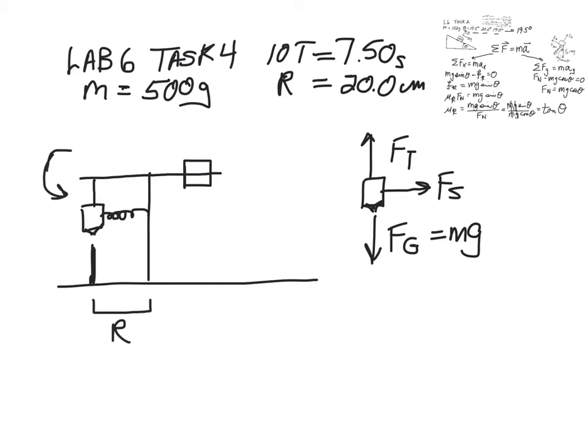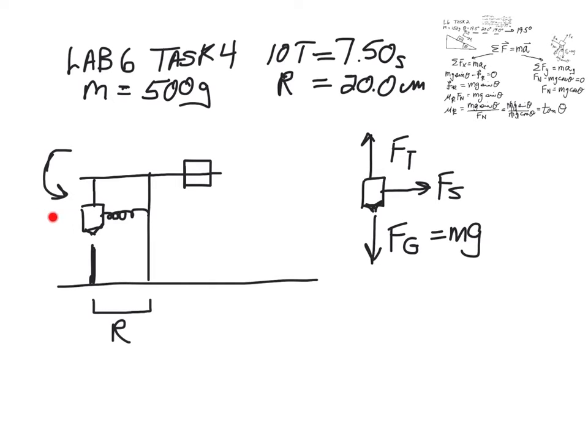According to this diagram, the free body diagram has three forces. It has the tension force, which is straight up. There's the force of gravity on the mass, mg, which is straight down, and then the spring force, because of the way I aligned the spring, is perfectly horizontal. Don't make the mistake of putting a force in this direction.